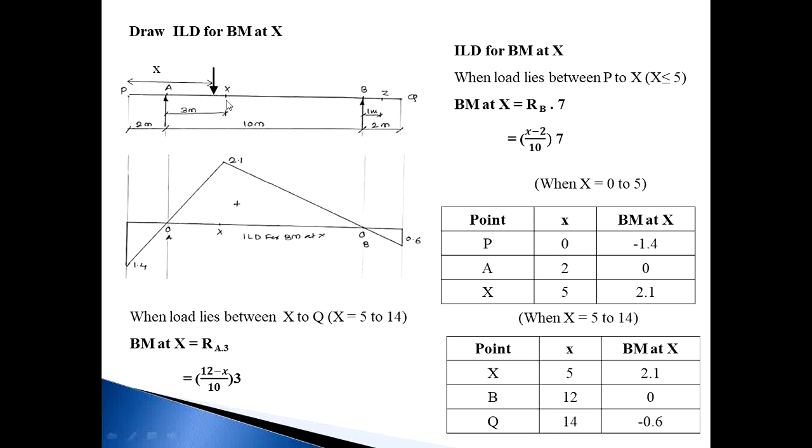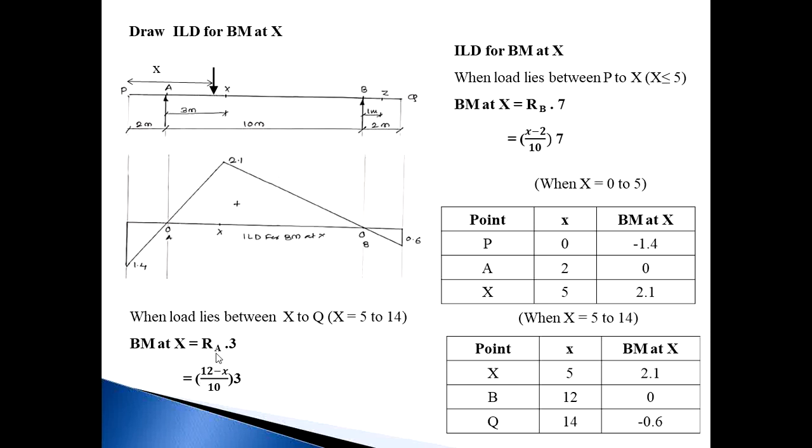Now when the load lies between X and Q, the number of forces on the right side is 2, unit load 1 and RB, and the number of forces on the left side is 1. So bending moment at X, considering the left side, is RA into perpendicular distance 3.